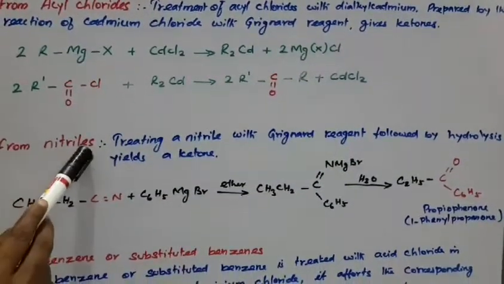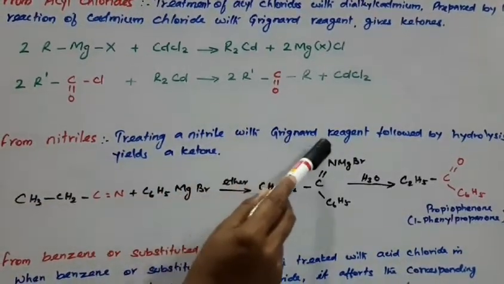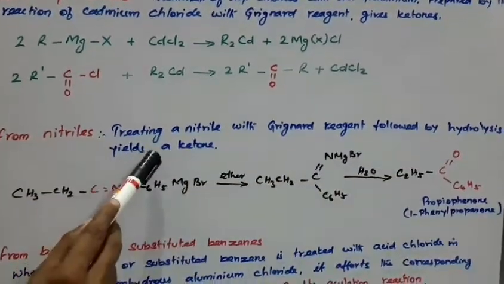Okay, from nitriles: treating a nitrile with a Grignard reagent followed by hydrolysis yields a ketone.